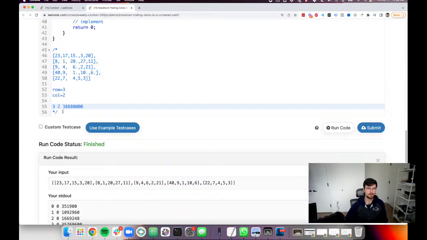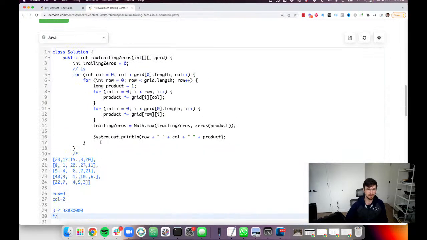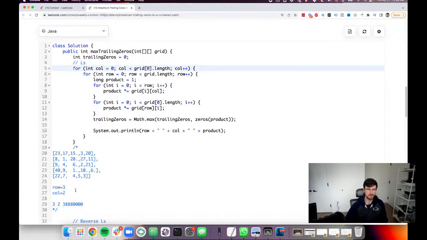Well, let's walk through this. This is a good opportunity to walk through the code by hand and see what's happening. I have product equals 1.